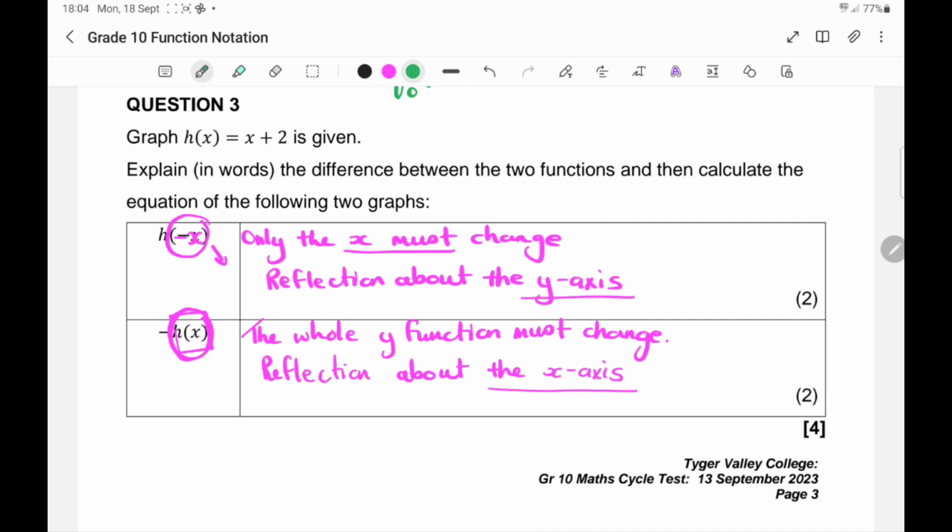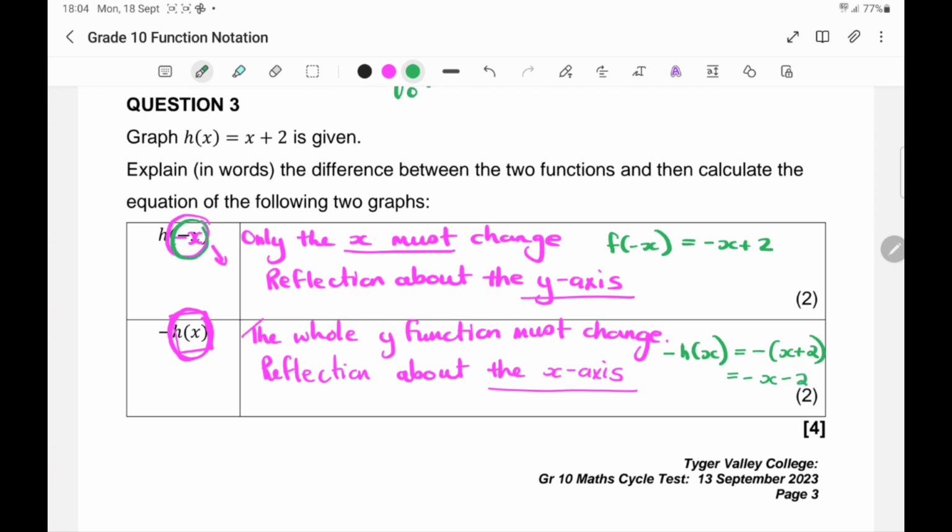Okay, and then they also asked me just to calculate it. So f of negative x will be equal to negative x plus 2, whereas here, negative h of x will look like this, negative x minus 2. So can you see it?